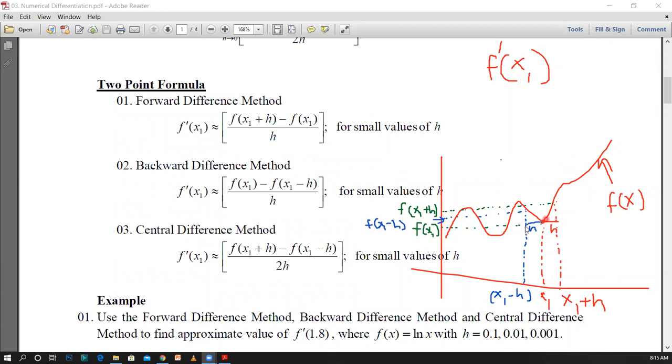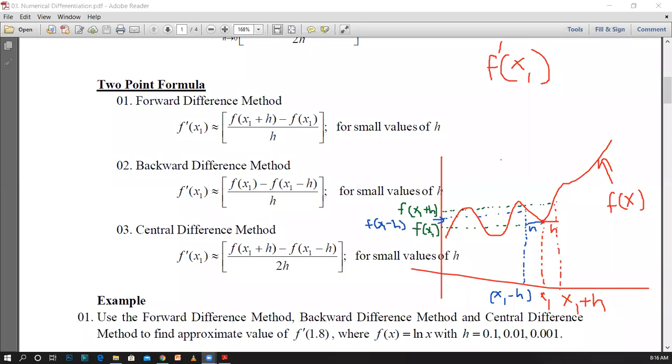In the forward differencing, the points x1 and x1 + h were used. In the backward method, x1 and x1 - h were used, and for the central differencing method, x1 + h as well as x1 - h were used. Since we use 2 points to obtain the values, we call them the 2-point formula.